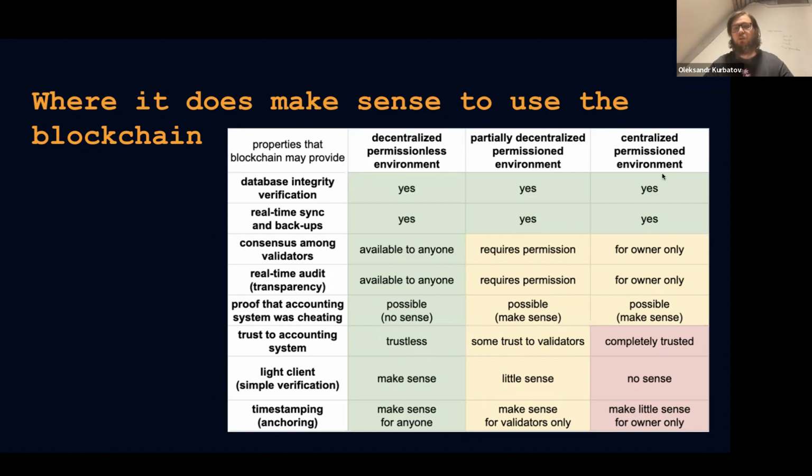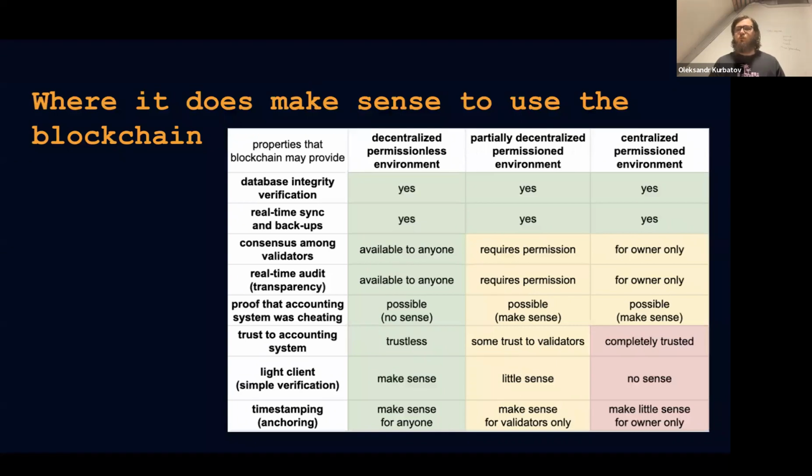But by the way, you can anchor the state of the centralized permissioned environment in a permissionless public environment and use that as proof of immutability of your private system. After some time, you can prove that the state of your system at a particular time corresponds to the appropriate hash value of the dump of the database or something like that, which is stored in the public blockchain.